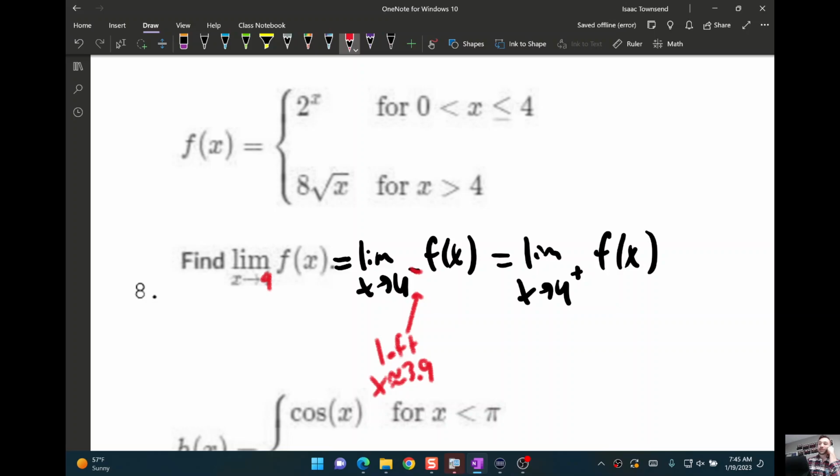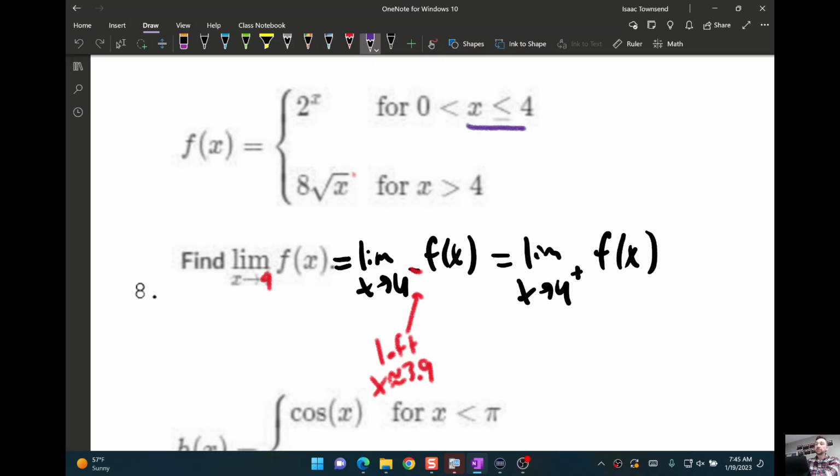So if I want to know the limit from the left, should I be plugging it into the top or the bottom? I think I heard both. This is saying when x is bigger or smaller than 4? Smaller. It always opens up to the bigger side, points to the smaller side.